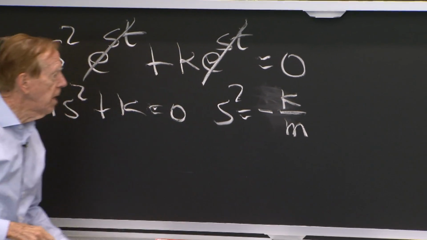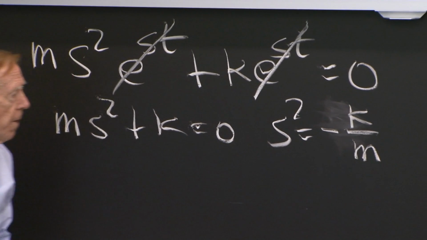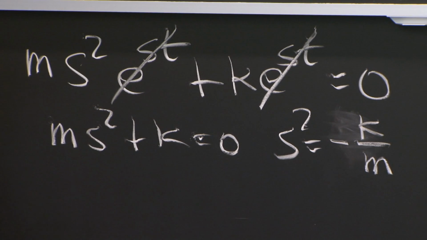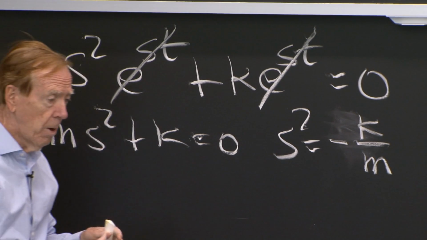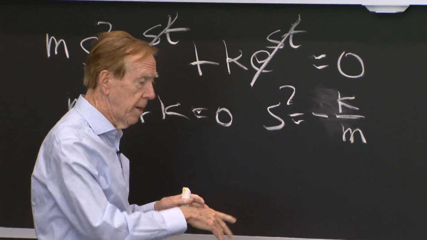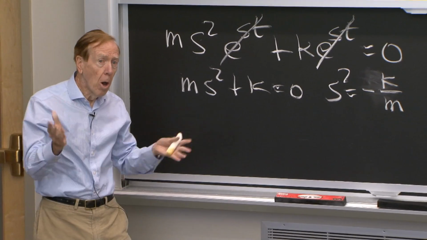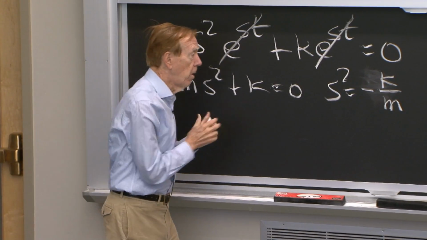So that tells me, with that minus sign there, that s is an imaginary number. A complex number has a real part and an imaginary part. In this case, all imaginary, no real part at all.